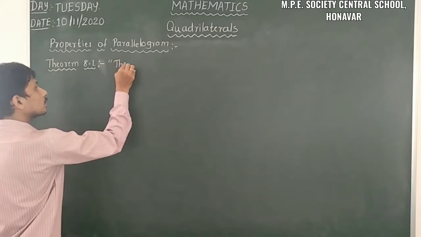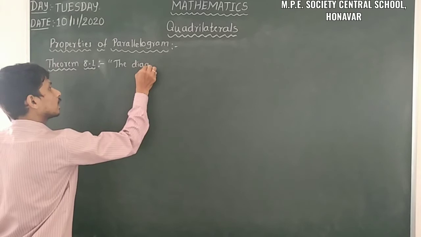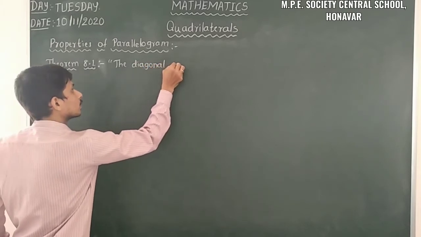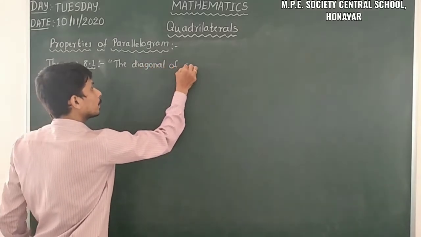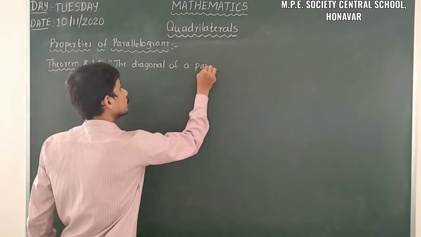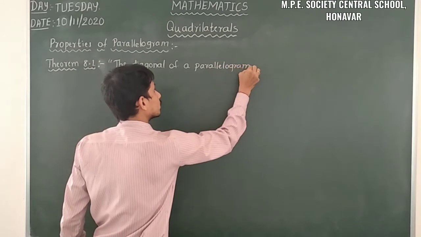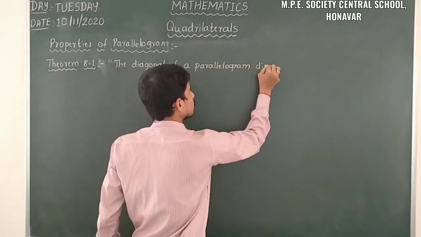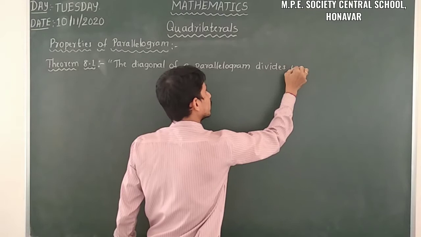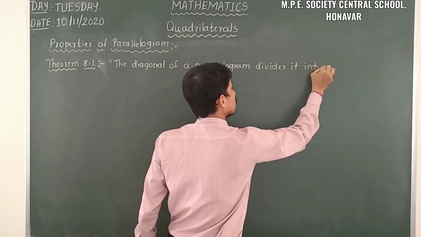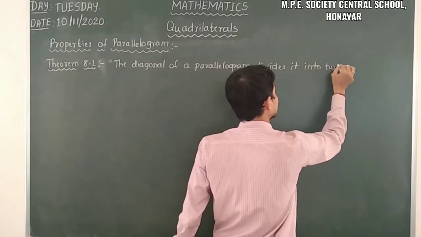The diagonal of a parallelogram divides it into two congruent triangles.